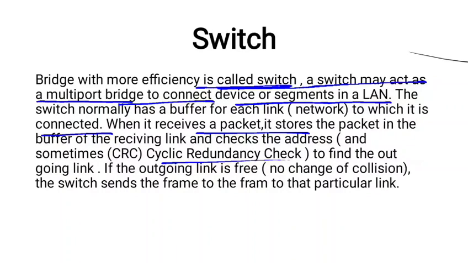If the outgoing link is free, with no chance of collisions, the switch sends the frame to the particular link. Some frames are available there, some cyclic redundancy check, and many more things.